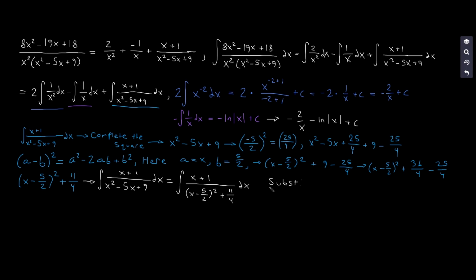If we let u equal x minus 5 halves, we can solve for x. Now x equals u plus 5 halves. And of course, the derivative of u is just going to be 1, so it's just going to be dx.